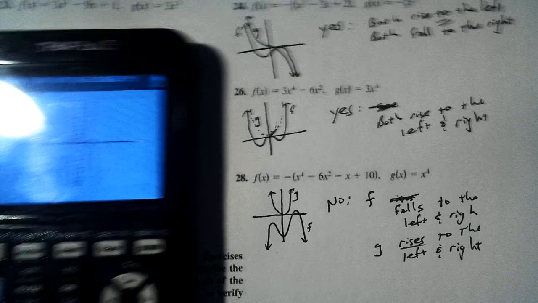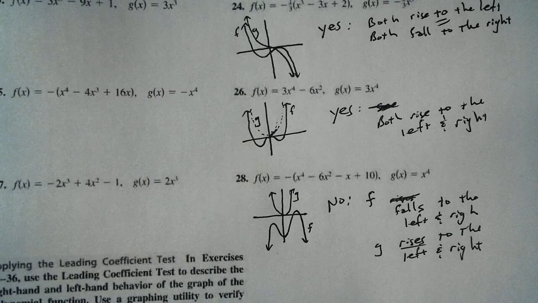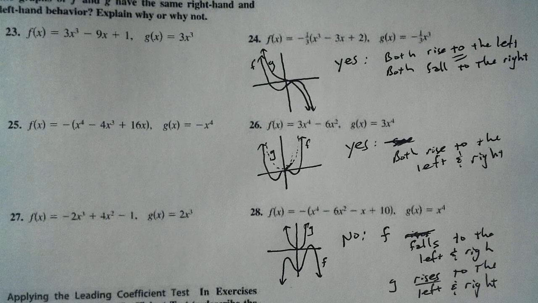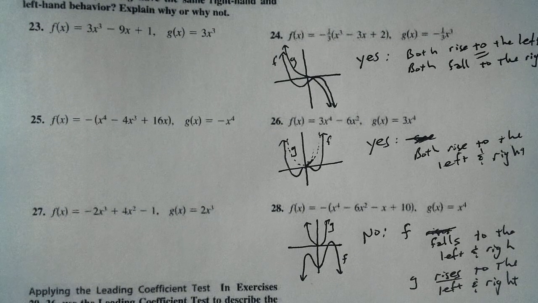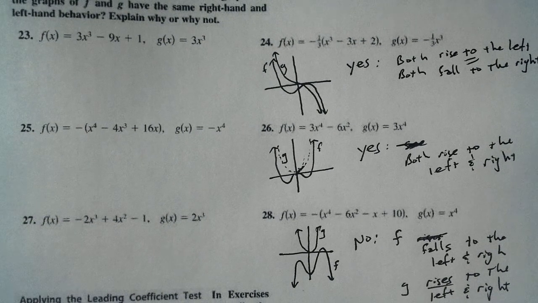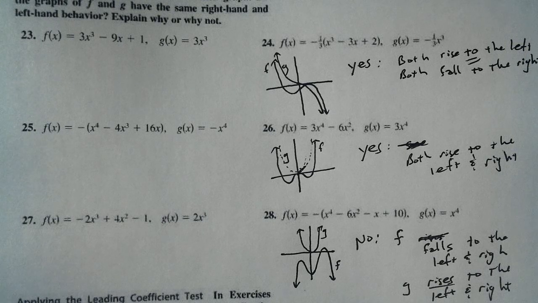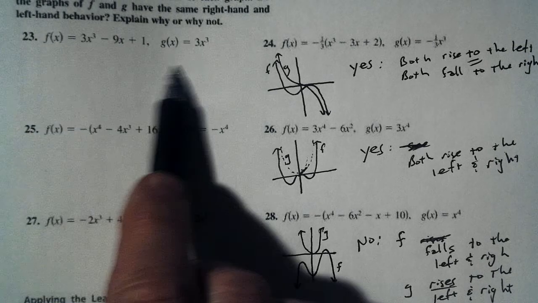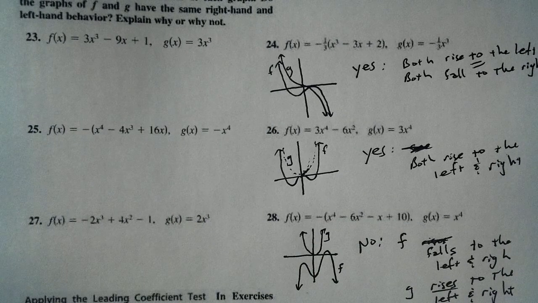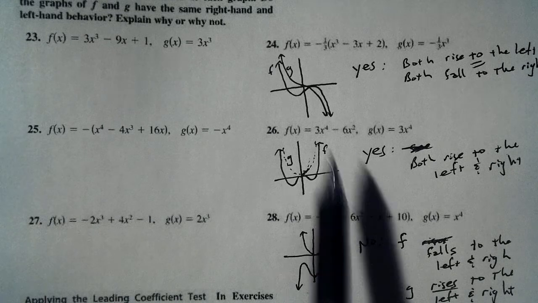So just pretty much straightforward calculator study. You might have to zoom out, but I suspect zoom standard might get the job done for you on 23 through 25. And again, I also believe there's a very good chance that you can answer the yes, no, and the explanations of this, and that is ideal, but I still want to see those graphs.